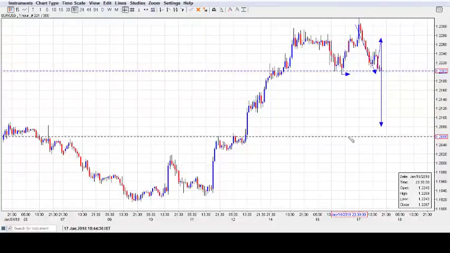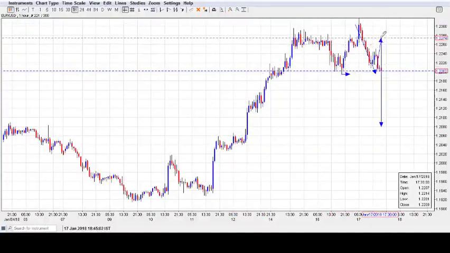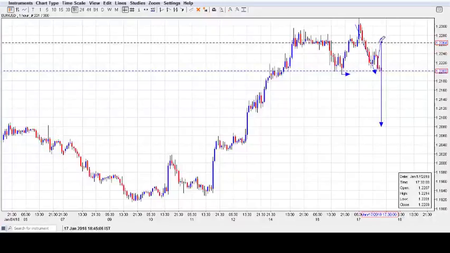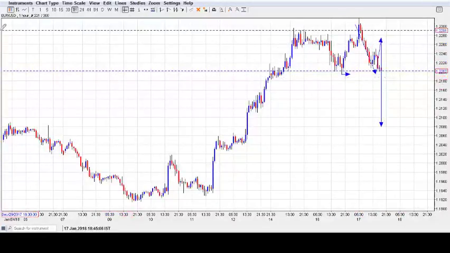And then you can look to sell again on rallies towards the 2070-80 mark. And if you're a medium term kind of a trader, then you might want to just remain as it is. You might want to remain short, and you might want to add again to your positions on rallies. All right, so that's a trading point of view strategy.